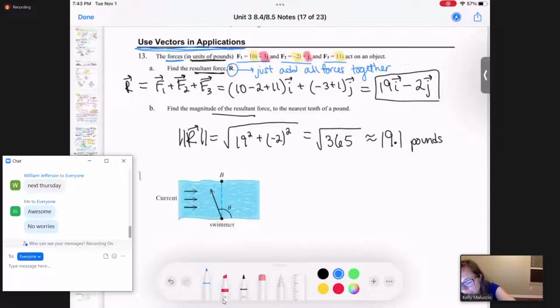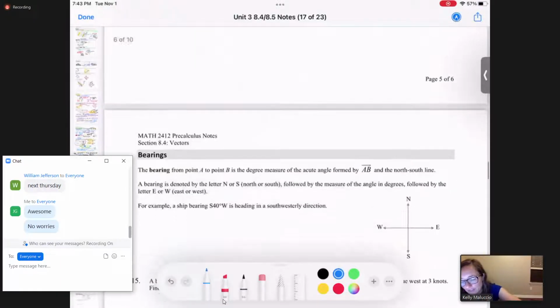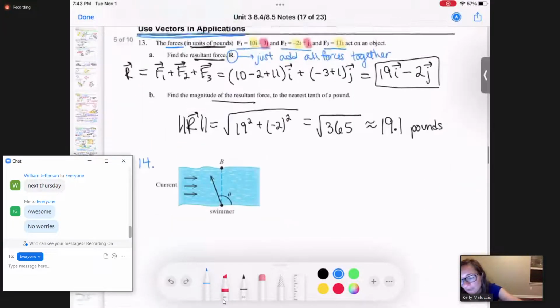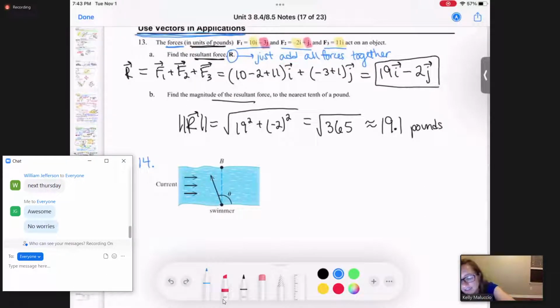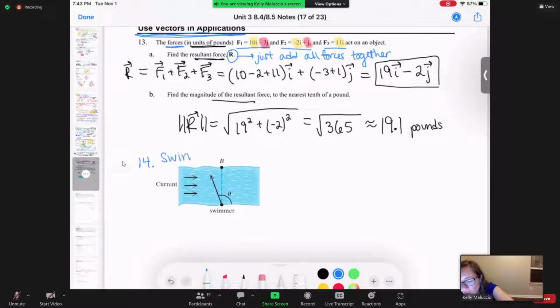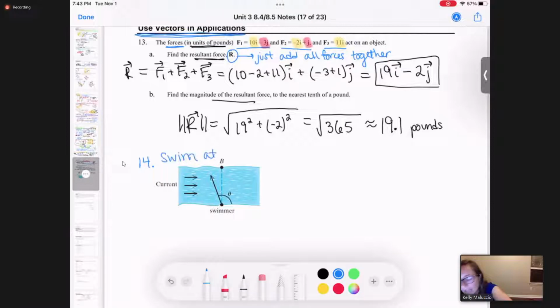Now let me go through the part we're missing. Technically I wanted another problem here. We'll call it 14. And I think this is even 15. Yes, this was 15. So 14 talks about a current and a swimmer. Suppose a swimmer is swimming at 1.6 miles per hour in still water, like a calm lake.